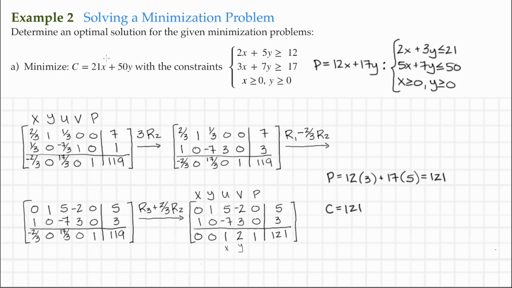Then we would have C is equal to 21x, and we're going to treat this as x. That's 1. Plus 50y, we treat this as y, that's 2.